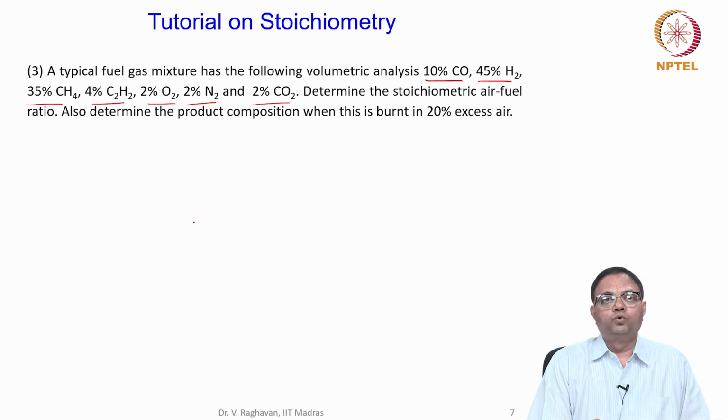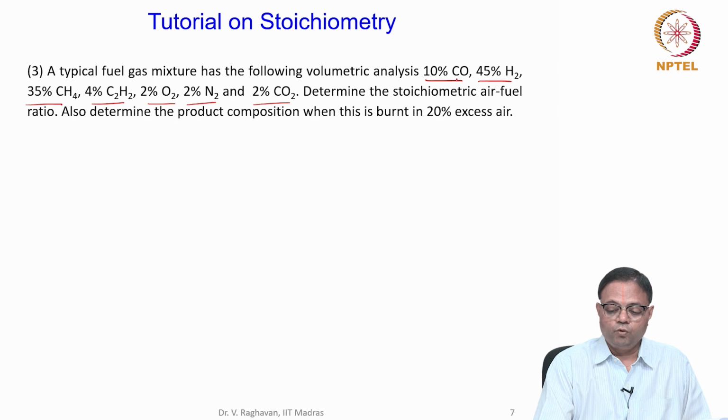So basically, if you gasify any solid fuel or a very heavy liquid fuel, you get some gases out of that. A typical composition is given. Okay, so this is by volume, and you can see that here the fuel components are CO, H2, CH4, C2H2, and some amount of oxygen and inert species like N2, CO2 are also present.